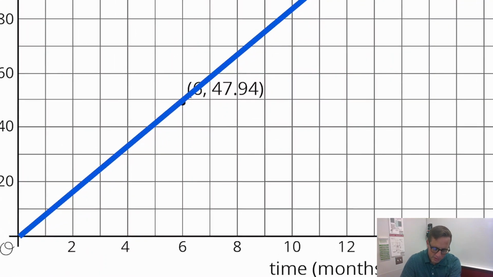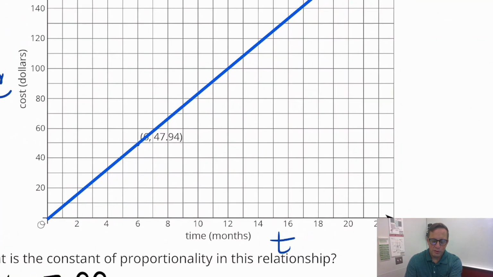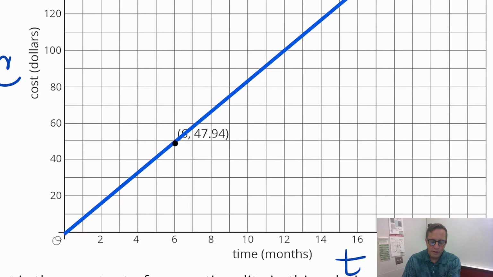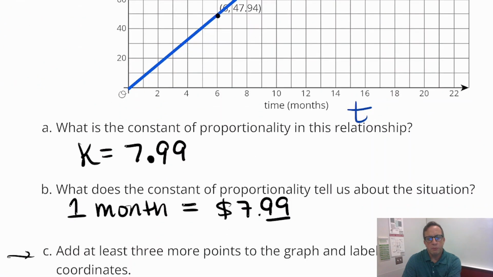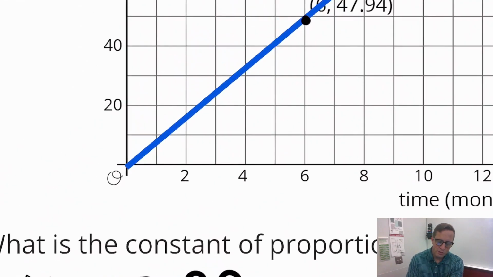There we go. Now I'm going to do this backwards a little bit. Notice this point right there is the one we figured out: 1 month costs $7.99. So here's 1 month right here, and $7.99.